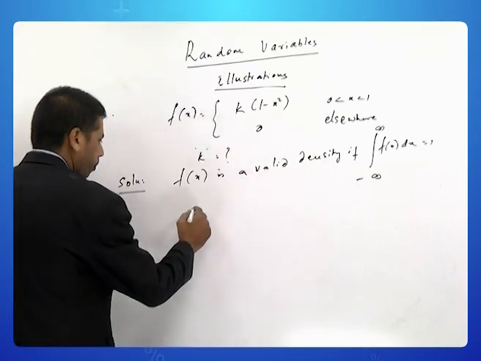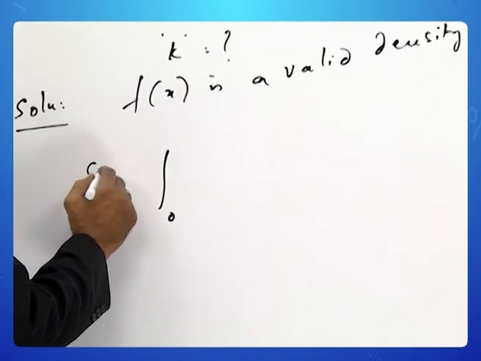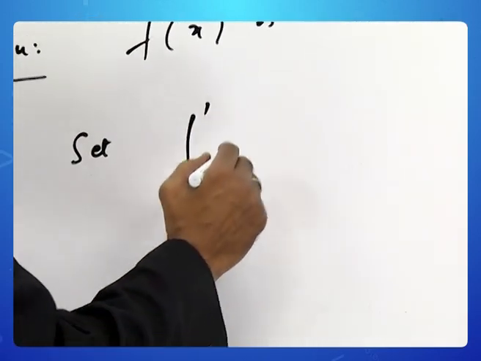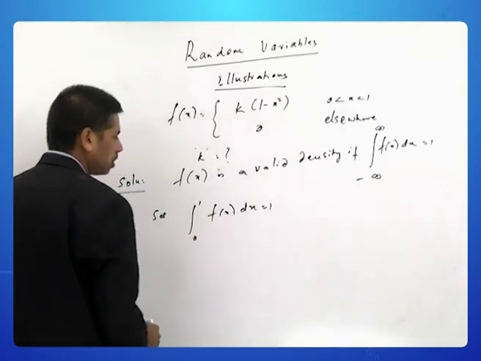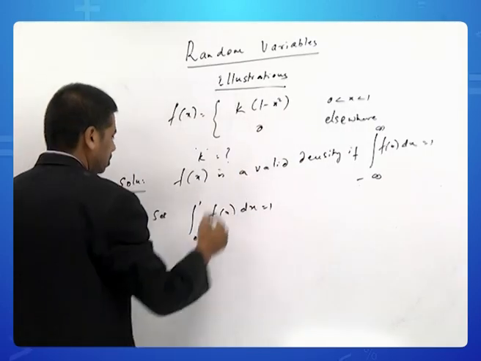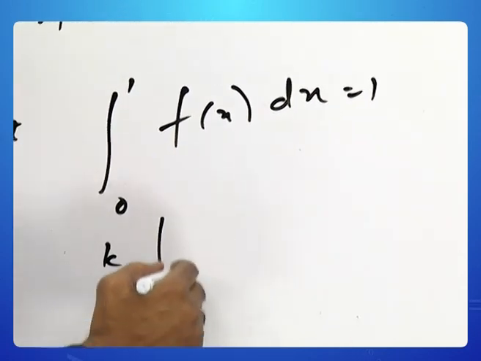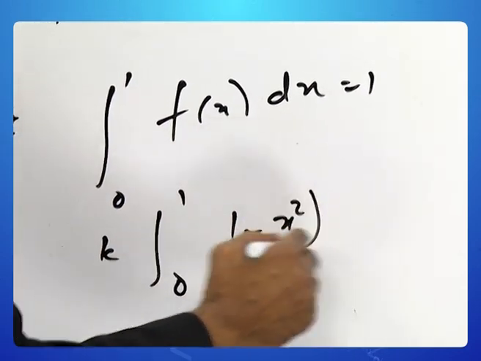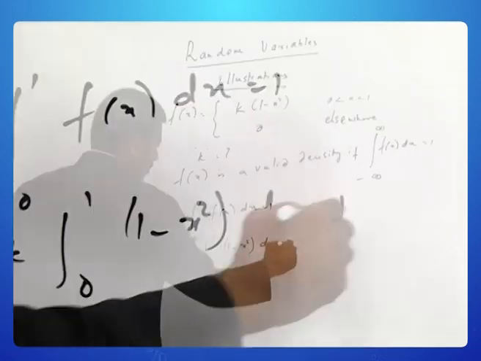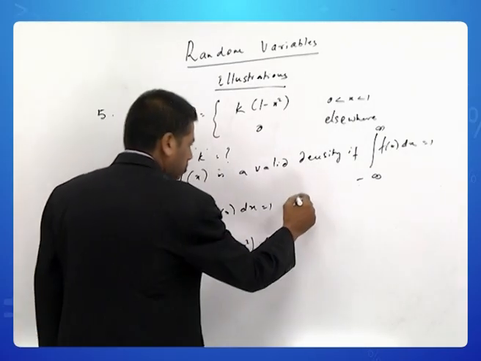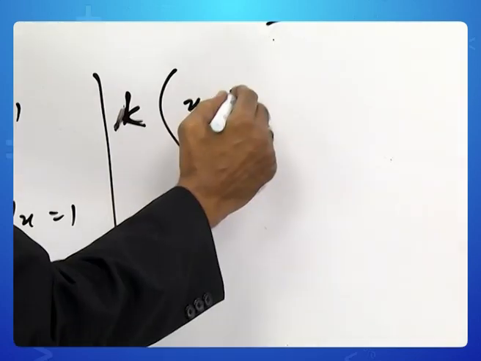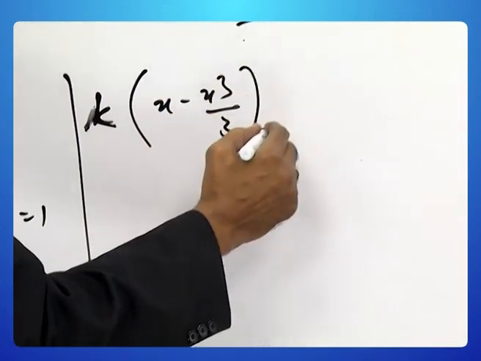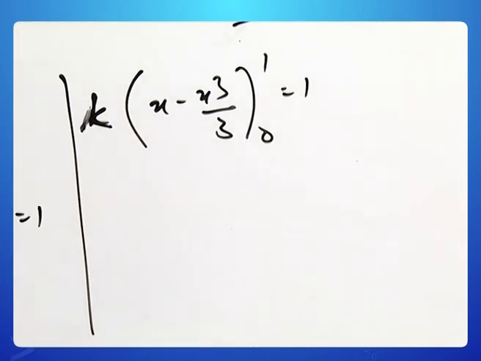So you set the integral from 0 to 1 of f of x dx equal to 1. Replace f of x with this function. So k times the integral from 0 to 1 of (1 minus x squared) dx is equal to 1. So k times (x minus x cube by 3) from 0 to 1 is equal to 1.